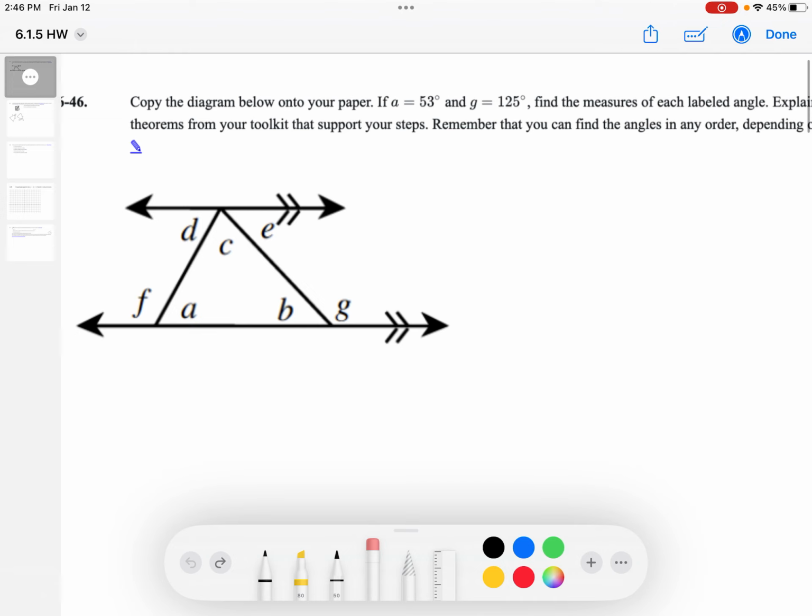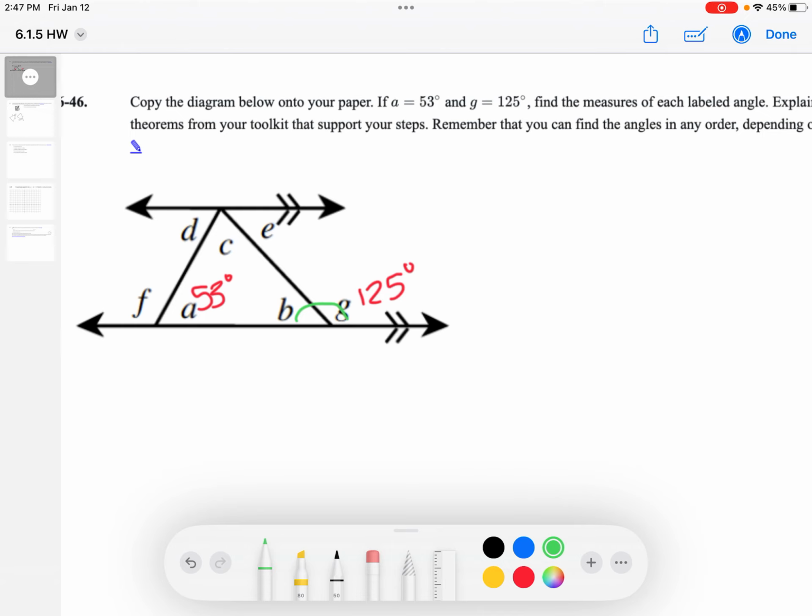Okay, so let's just start with what they tell us. They tell us that A is 53 degrees and G is 125. So there's a lot of different ways we could start here. One thing I notice is that B and G together make 180 degrees, right?